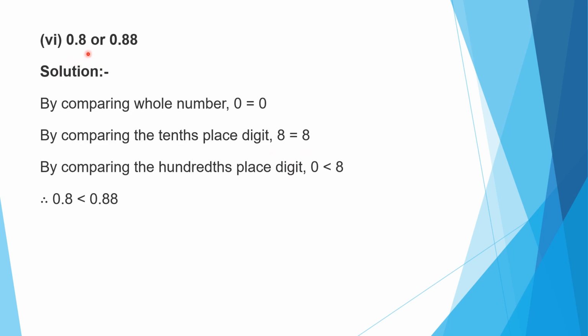In the first number the hundredths place is not given, but it is 0 there. In the second number it is having 8. So which one is greater, 0 or 8? 8 is greater. So that means 0.8 is smaller than 0.88, or 0.88 is greater than 0.8.